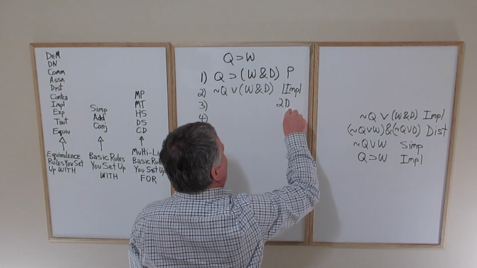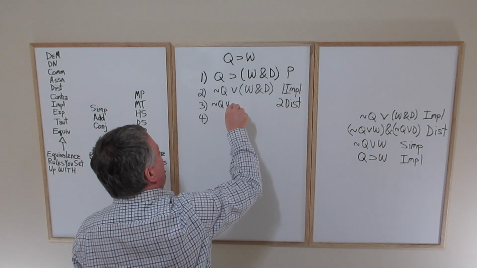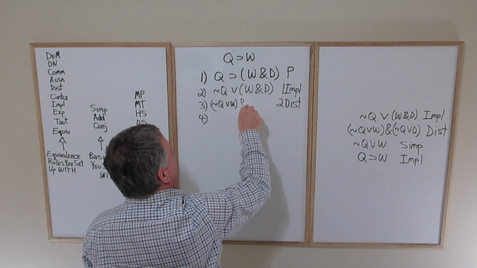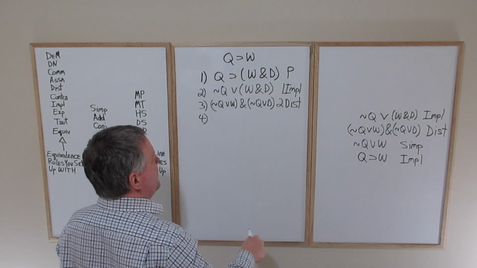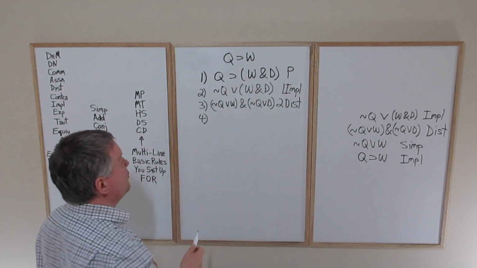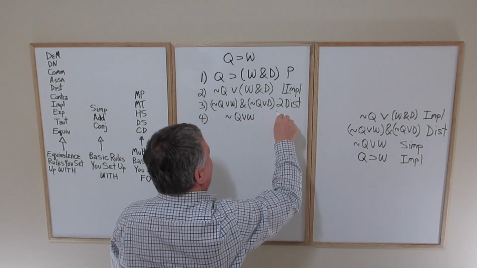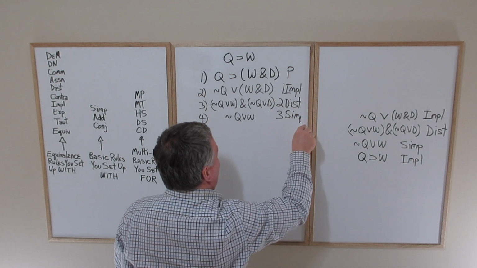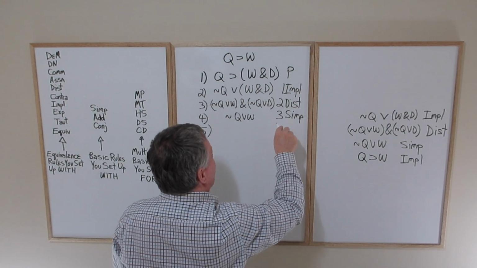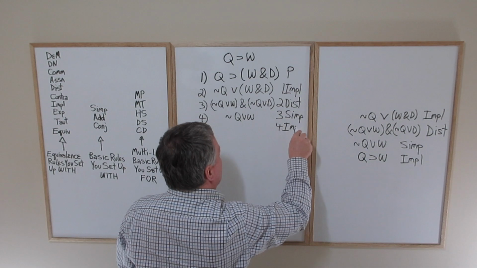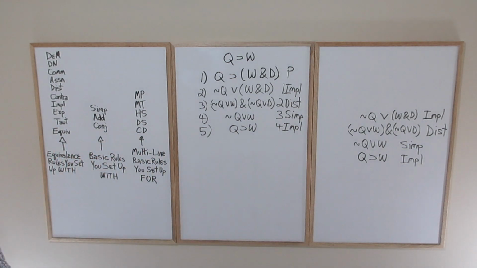And once we do distribution on that, as we've planned out before, we're going to get tilde Q or W and tilde Q or D. And given that the conclusion we're after is Q horseshoe W, we will snap off the left conjunct, the one that's going to be of use to us, and we can end the proof as planned for implication to get Q horseshoe W.